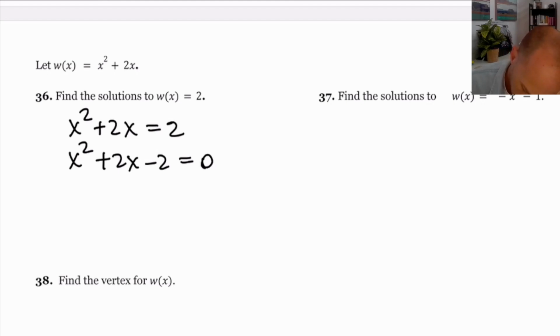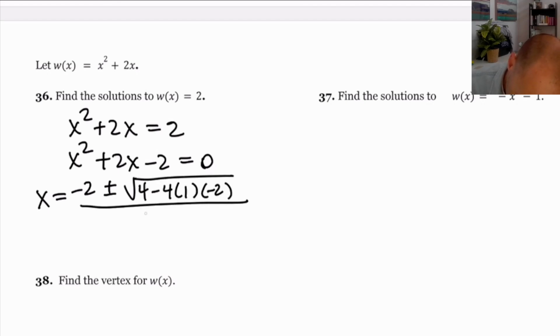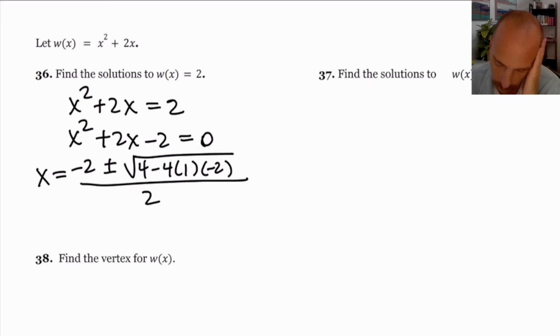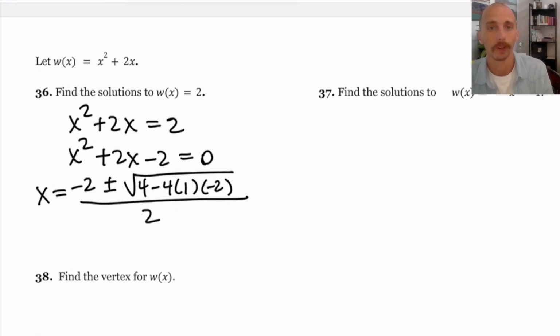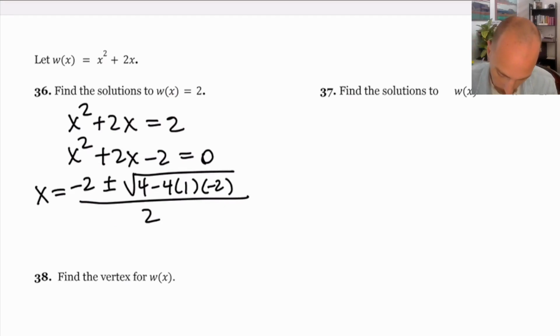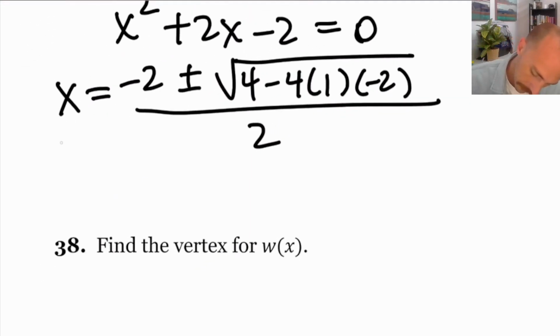So I'm going to say, all right, x needs to equal negative b plus or minus the square root of b squared minus 4ac, all over 2a. Did I already do this one? I'm not sure. We solved a lot of quadratics in this video, so it's hard to remember what I have and haven't done.